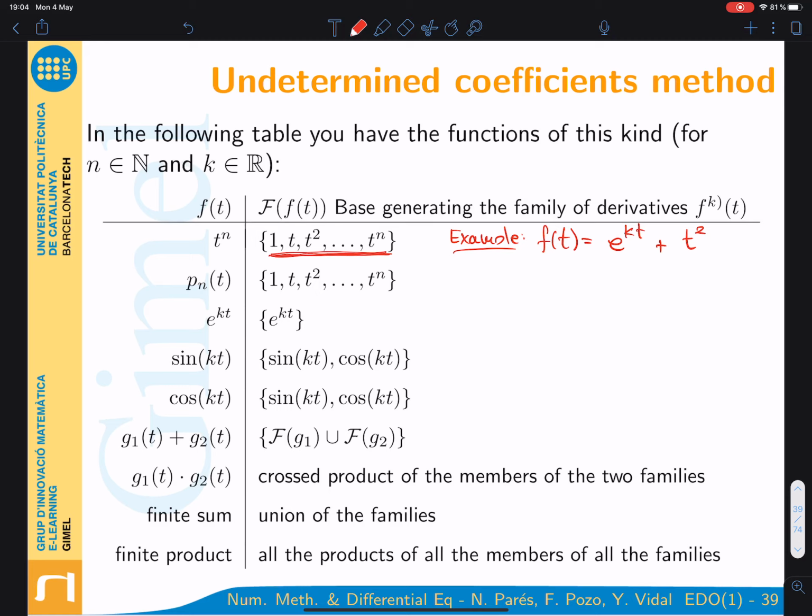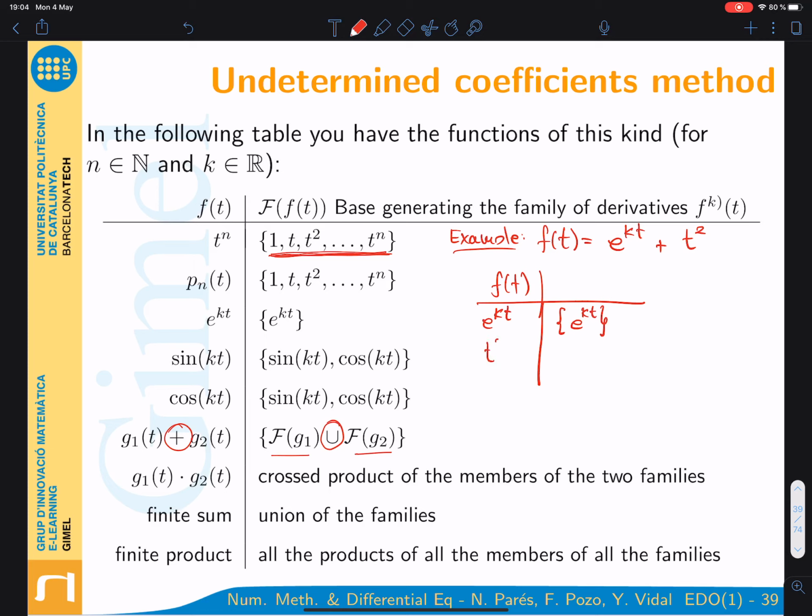Now, what's the basis? Or how can I compute the basis? It's very easy. If I have the sum of two of these functions, its basis is just the union of the basis of g1 and g2. So let me do this small table here. If f of t is the exponential, the basis of the exponential is the exponential itself, because the derivative of the exponential is itself.